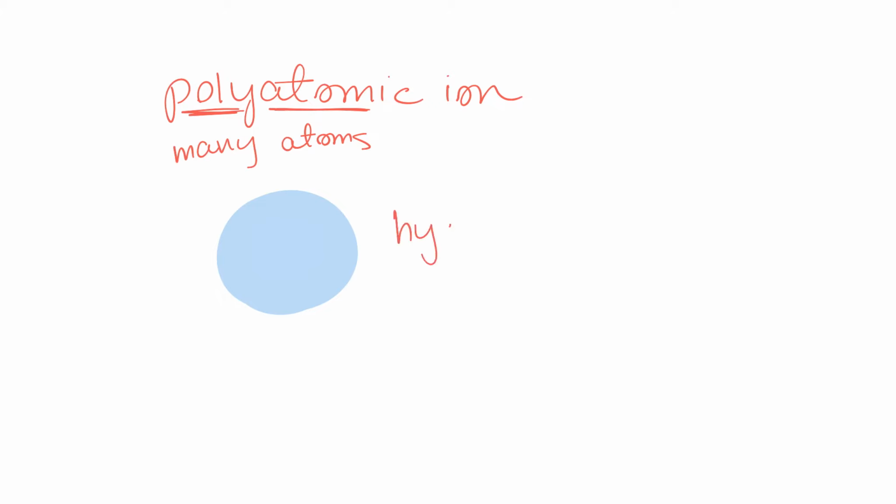A hydroxide ion is OH negative. That means there's an oxygen atom and a hydrogen atom, they're bonded together, and the entire thing has a negative charge.